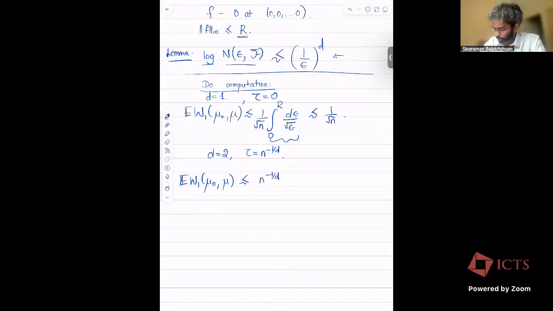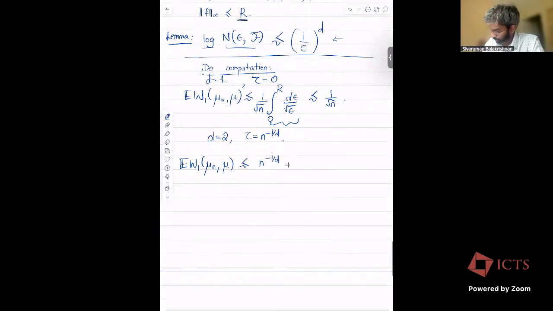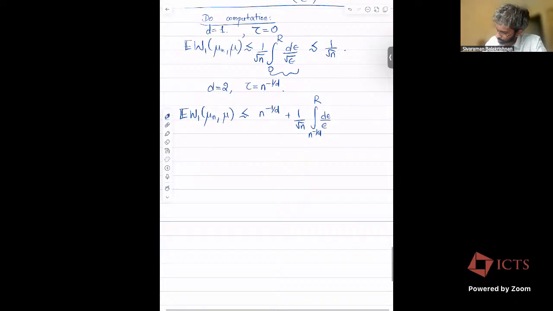So when d is 2, the integral is starting to diverge. It looks like the integral of 1 over epsilon d epsilon, and we've truncated it at some level n to the minus 1 over d, and it goes up to some r. Now this piece of the integral will contribute a log factor, and so these two terms will together contribute something that looks like log n over square root n.